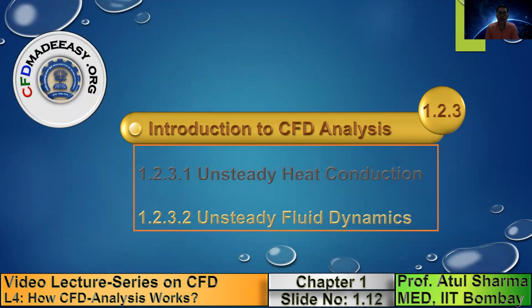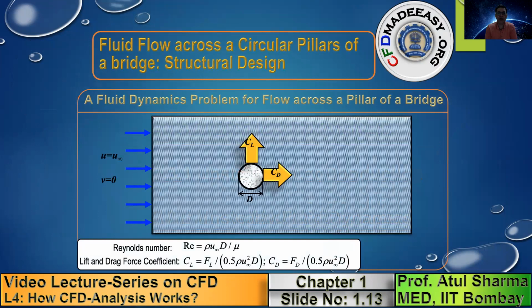Now, from heat conduction, let us move to the fluid dynamics problem. One of the classical fluid dynamics problems is flow across a circular cylinder, or you can correlate it practically with a fluid dynamics problem where, if you stand on a bridge and watch the flow across the circular pillars of the bridge, then whenever you consider a free stream flow across a circular cylinder, this is an external flow problem, and in an external flow problem, the size of the domain is extremely large.